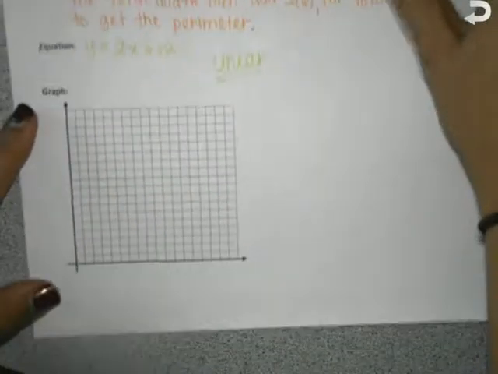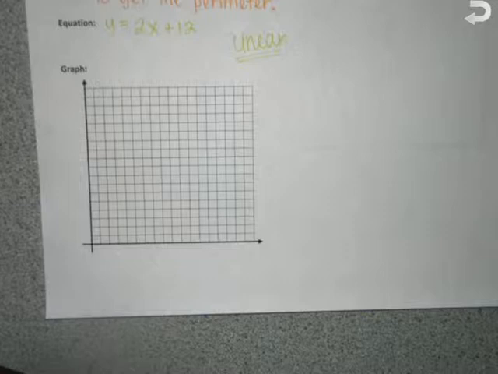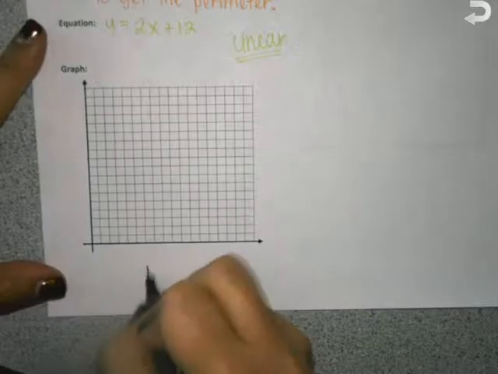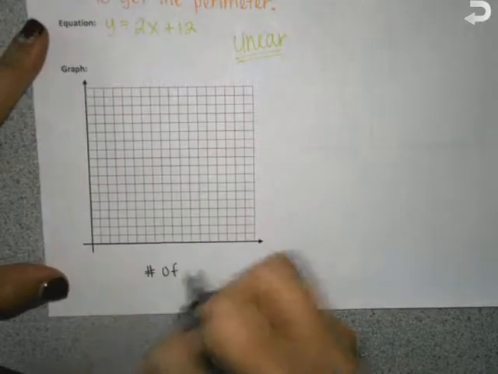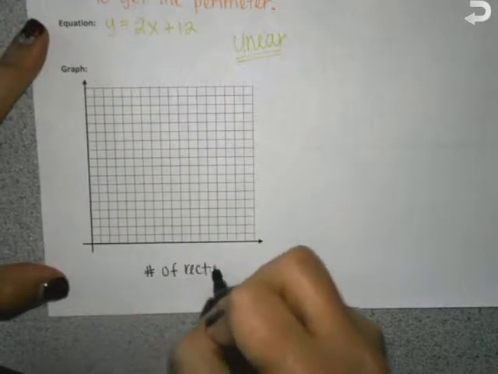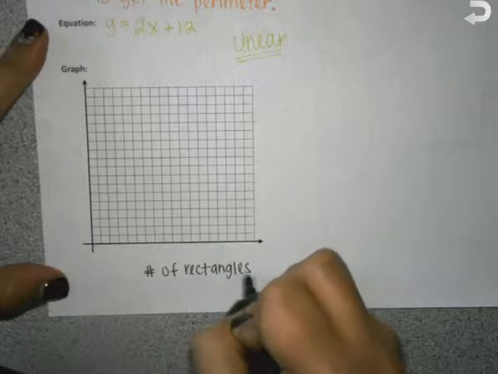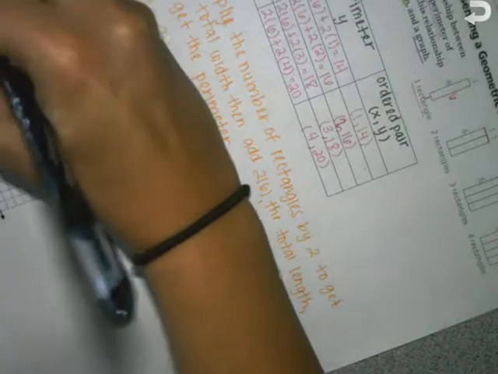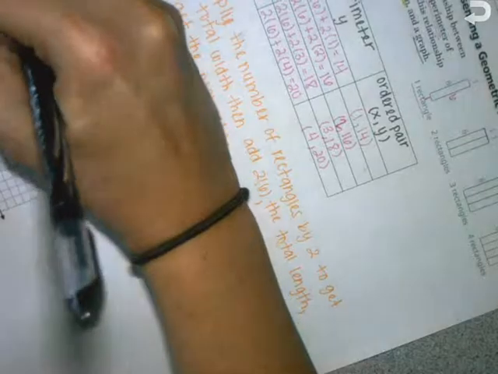So our x-axis, let's label it, was the number of rectangles. Our y-axis was the perimeter. Okay.